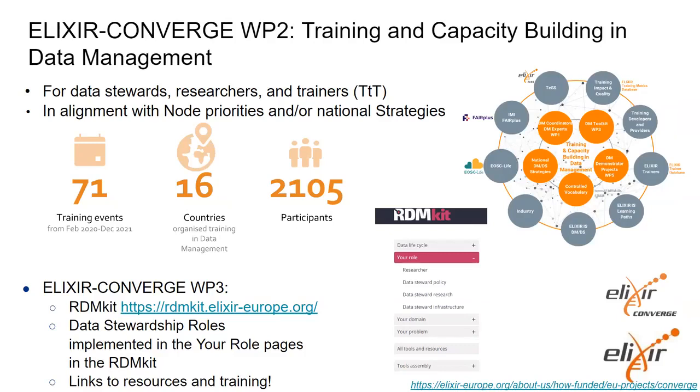And there we try to work with 23 countries together to build a coherent portfolio of training materials and training expertise for data stewards, researchers, and trainers. And if you see the numbers since February 2020, we have had 71 training events in 16 countries with over 2,000 participants.